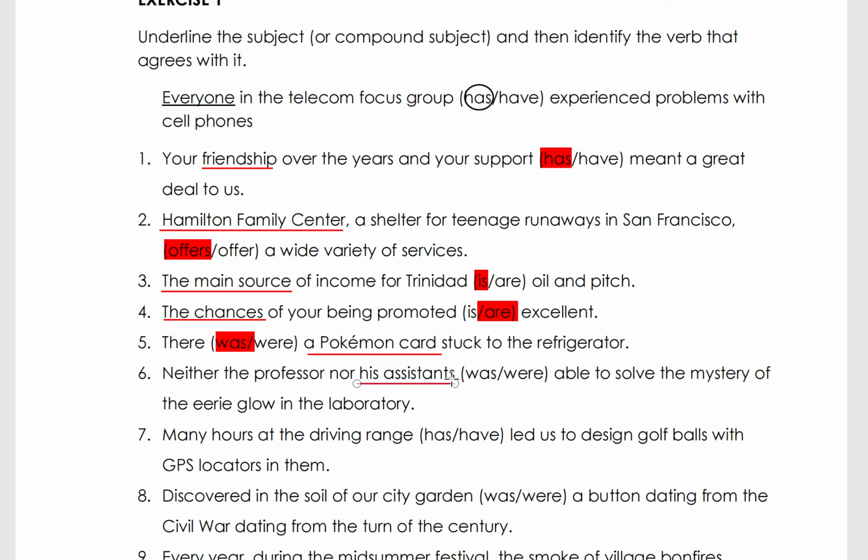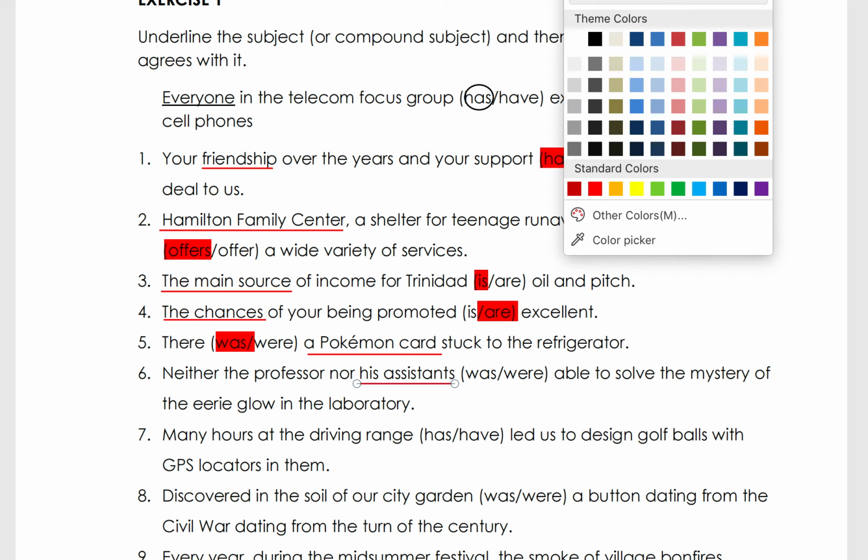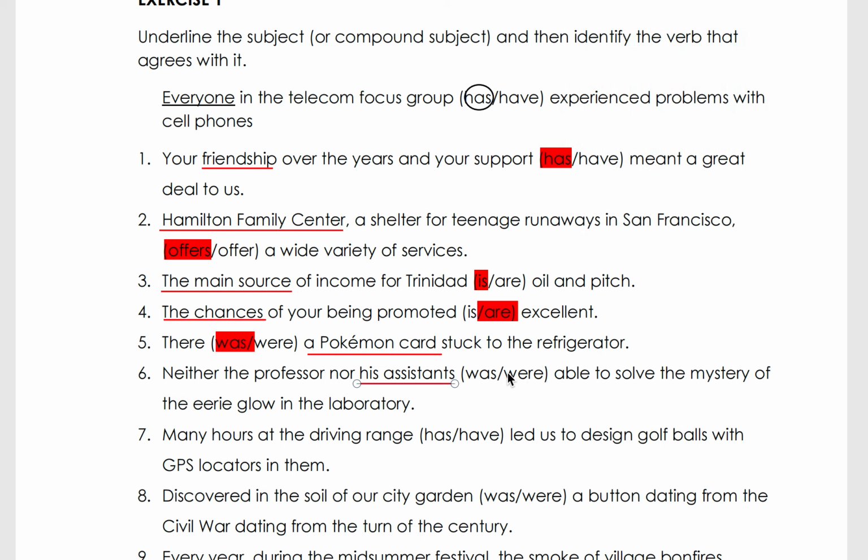Because it has an s, it means plural, and the answer should agree with the subject, so the answer here is "were." Do not get confused by "the professor," because what you need to do is find the subject that is close to the verb.